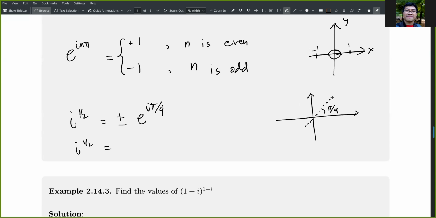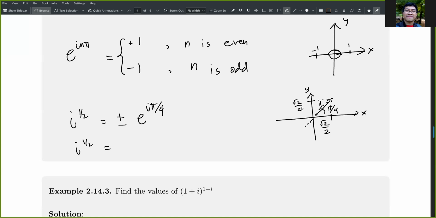Okay. If this is 1, then this x position, or x distance here, that's cosine of pi over 4, which is square root of 2 over 2. Here, this is square root of 2 over 2.